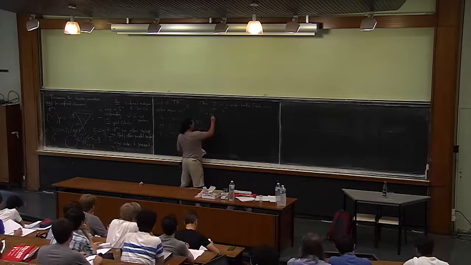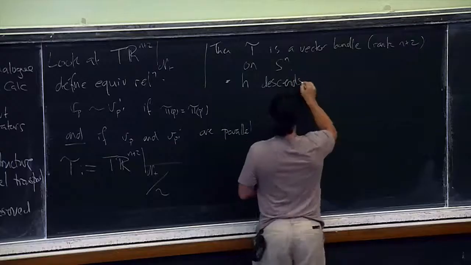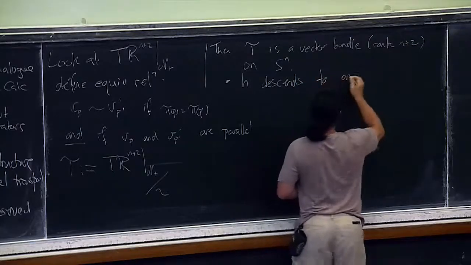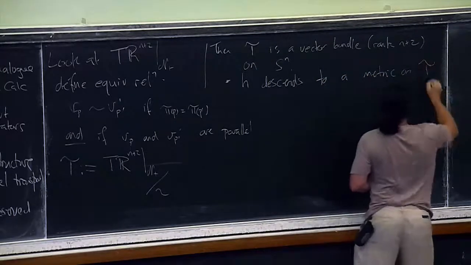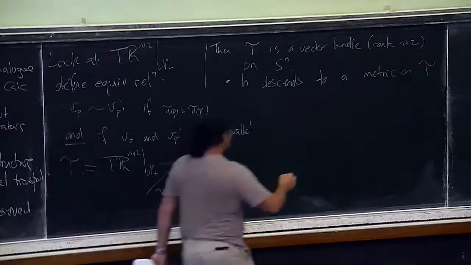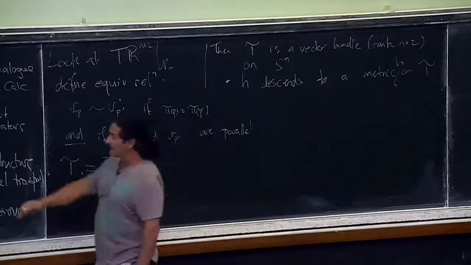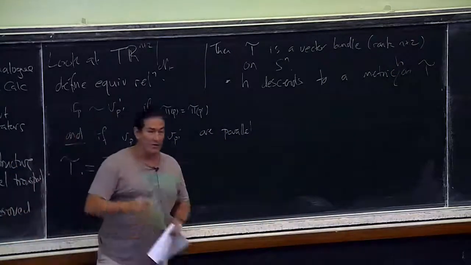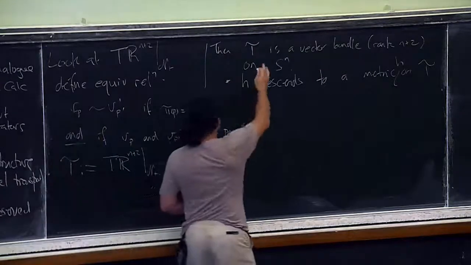Furthermore, the metric descends to a metric on this vector bundle, which I'll also call H. Why is that? Well, I said the metric is parallel, so we're identifying things up and down the fibers which are parallel, so this obviously descends.